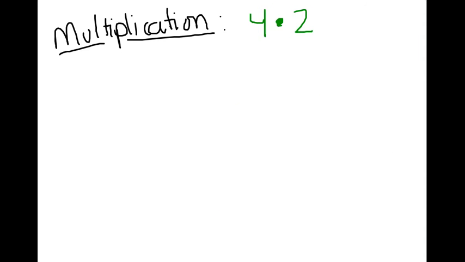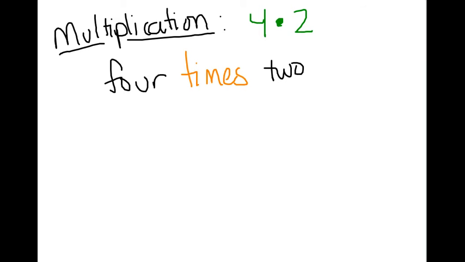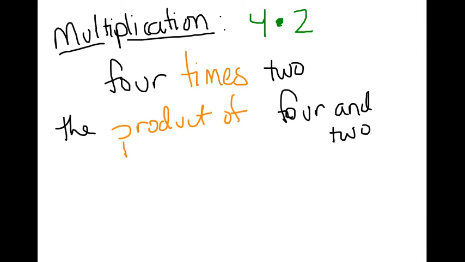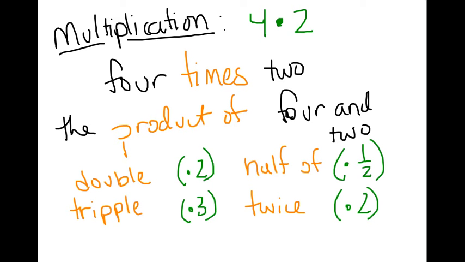So how might I say multiplication? How might I show this in words? Well, I could just say 4 times 2. I might also say the product of 4 and 2. We also have some very specific words for multiplication.